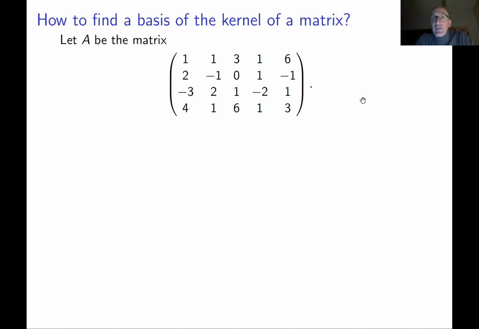We also can use it to find the kernel of the matrix, because this is basically the whole ultimate goal of these elementary row operations, to simplify your system of linear equations such that it's easy to solve. The kernel of a matrix is given by a homogeneous system of linear equations. So let's do it.